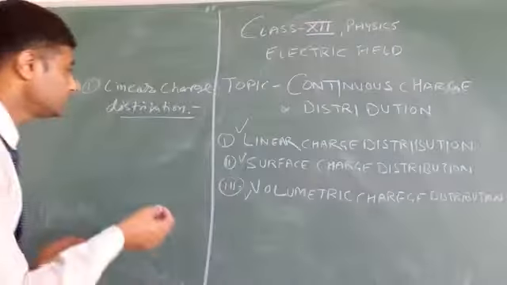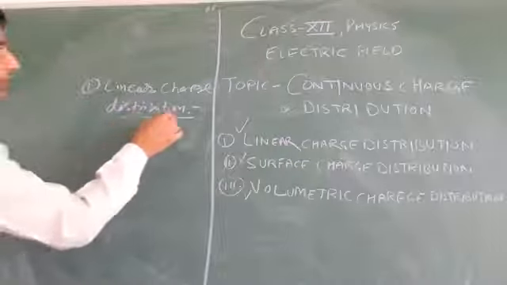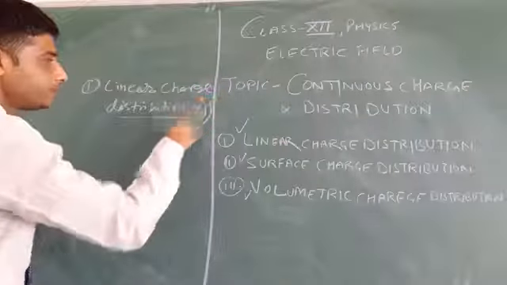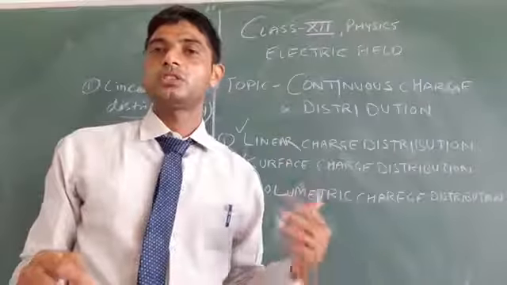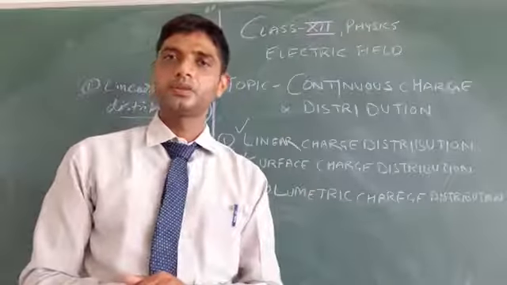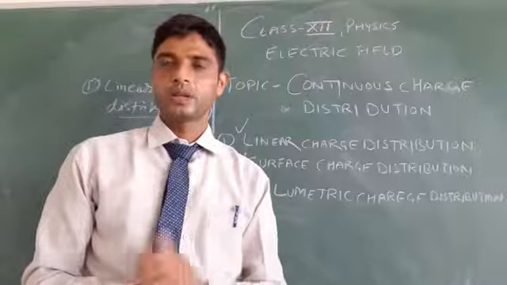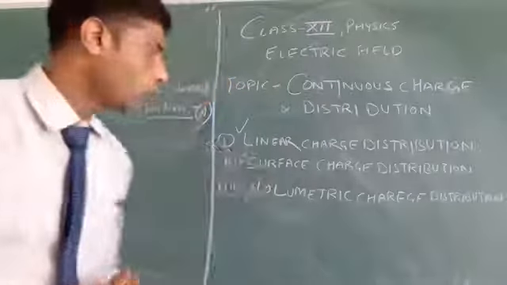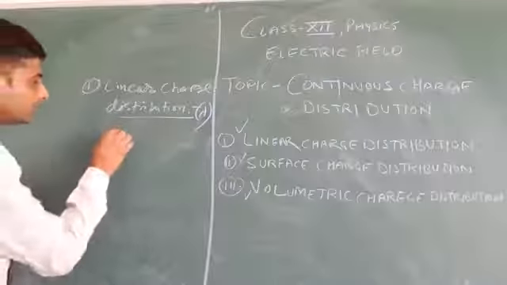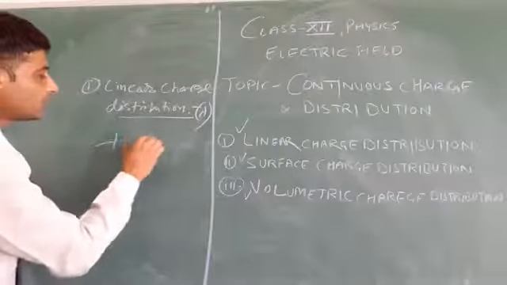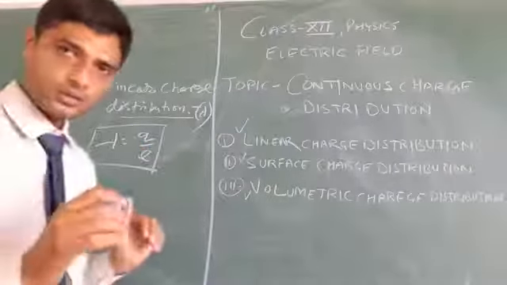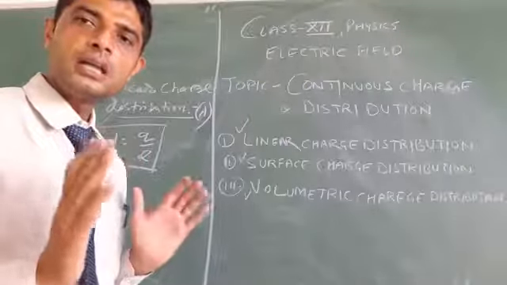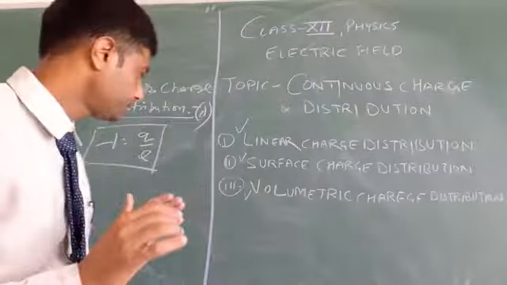The symbol of linear charge distribution is lambda. If Q charge is transferred to a body, then the value of linear charge density lambda is equal to Q upon L, where L is the length of the body.